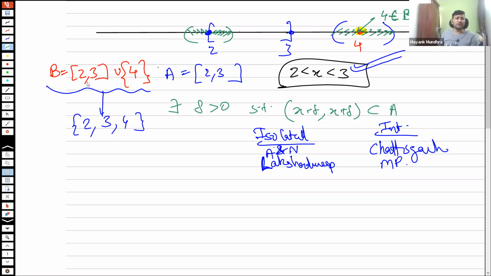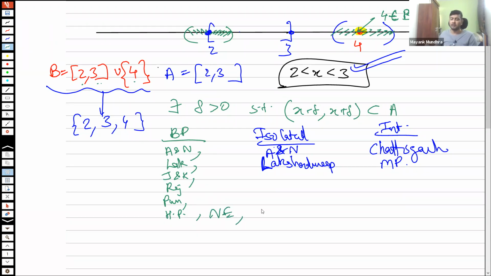So all the points that you see in the definition of any set become the boundary points. If we look at boundary points of India, obviously isolated points are all going to be boundary points. That is Andaman and Nicobar, and Lakshadweep. Plus there's going to be all the states which share boundary with other countries like Jammu and Kashmir, Rajasthan, Punjab, Himachal Pradesh, and so on, all the northeast states.